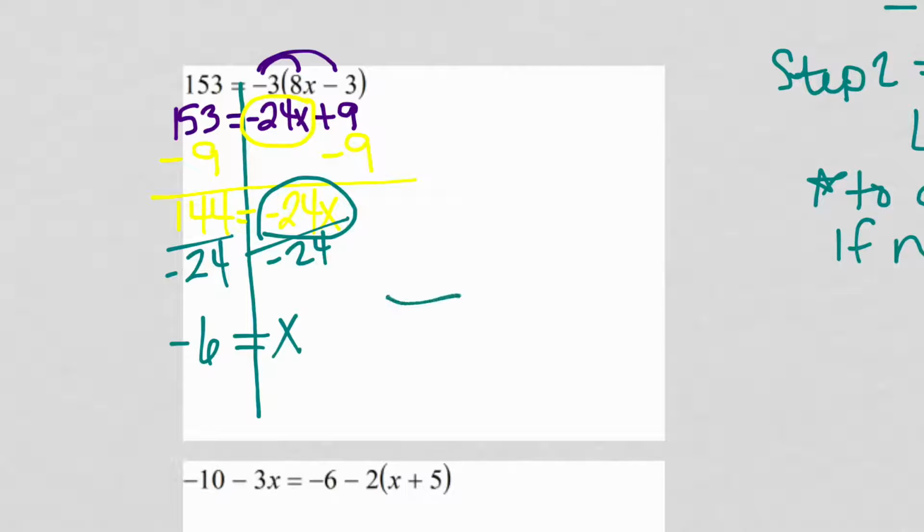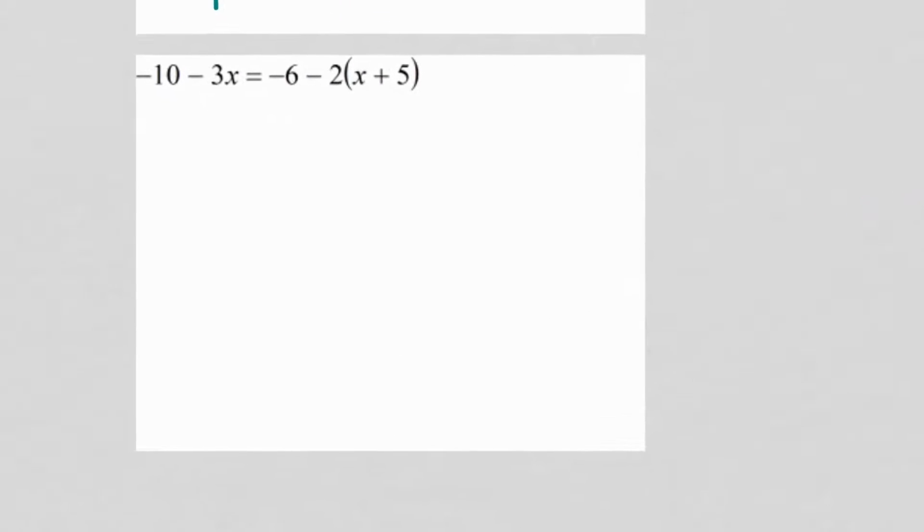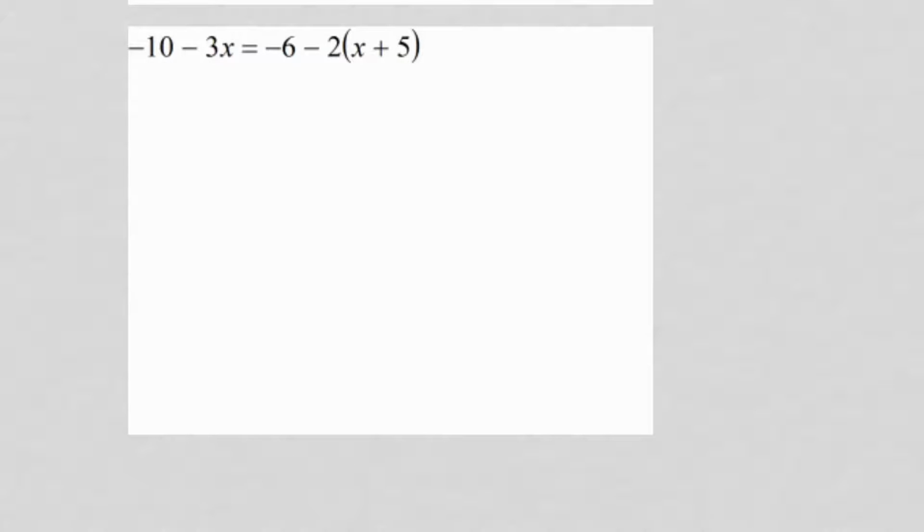Take a look at number 2. Number 2 is a bit more challenging, but I do the same exact steps. I begin by splitting it at the equal sign. This 10 minus 3x, I can't do anything with it because there's nothing over there to combine with it, so I know I'm going to have to use math, so I'm just going to do this for now.